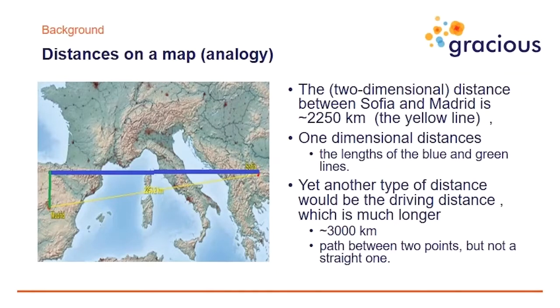You could imagine these are not the only possible ways to calculate distance between Sofia and Madrid. For example, the driving distance will be much longer, about 3,000 kilometers. In general, a distance between two points is the length of the path between the two points, and the path doesn't need to be a straight one.